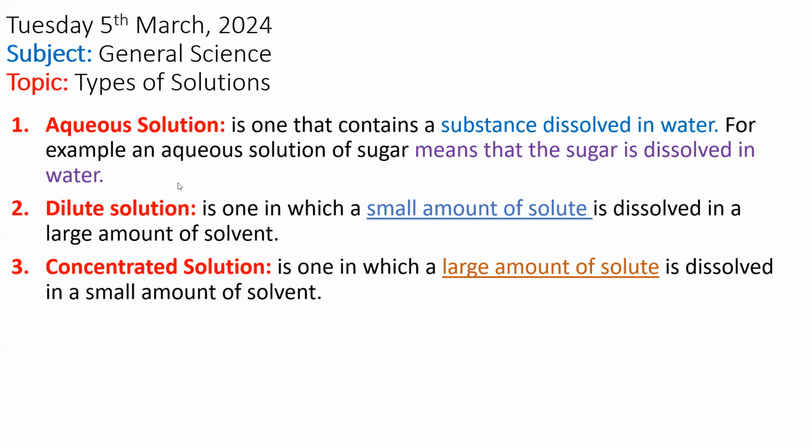What's the name of the solution that has a large amount of solute? What do we call that? Concentrated solution. And Akiro, what is the name of the solution that has a large amount of solute?